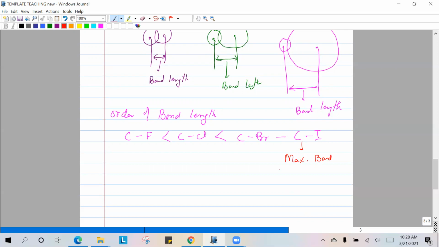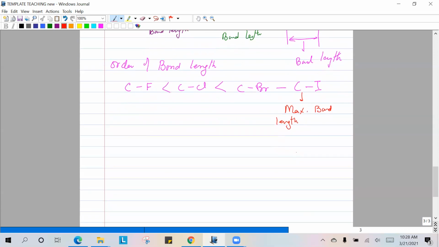Why? Because the iodine atom is the largest of all the halogens, and therefore the bond breaks easily. It has the least bond enthalpy value.